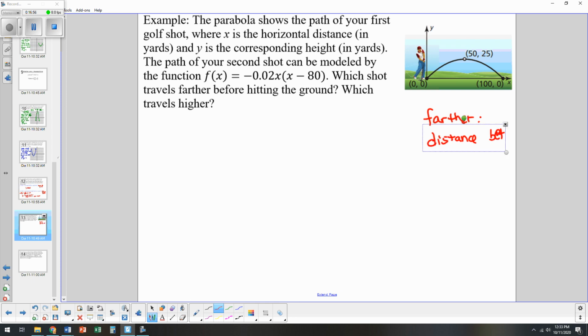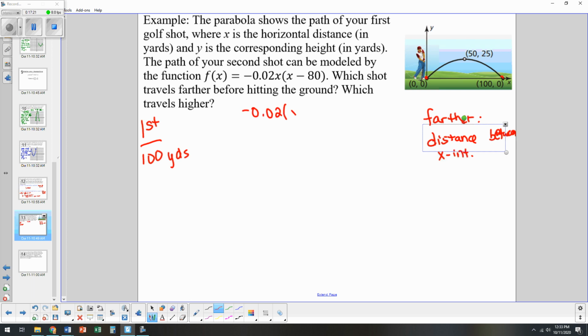Between x-intercepts. So for our first graph, we could see we started at (0, 0) and ended at (100, 0). So that was a distance of 100 yards. My second function can actually be rewritten into intercept form.